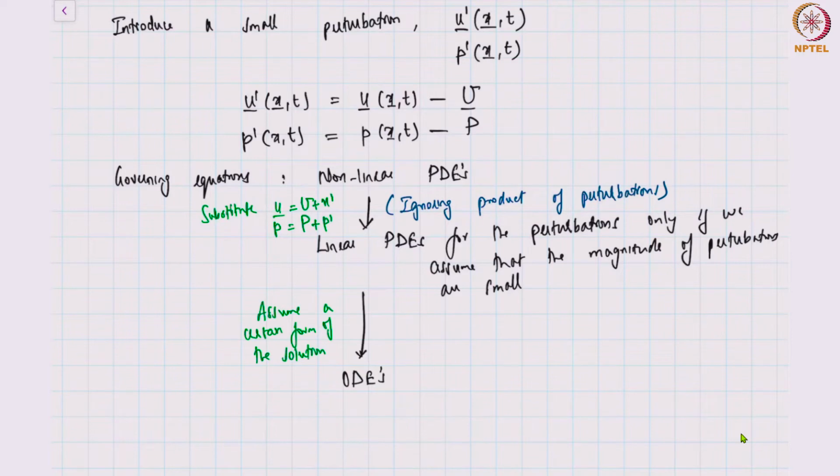Now, how do I basically assume the formal solution?